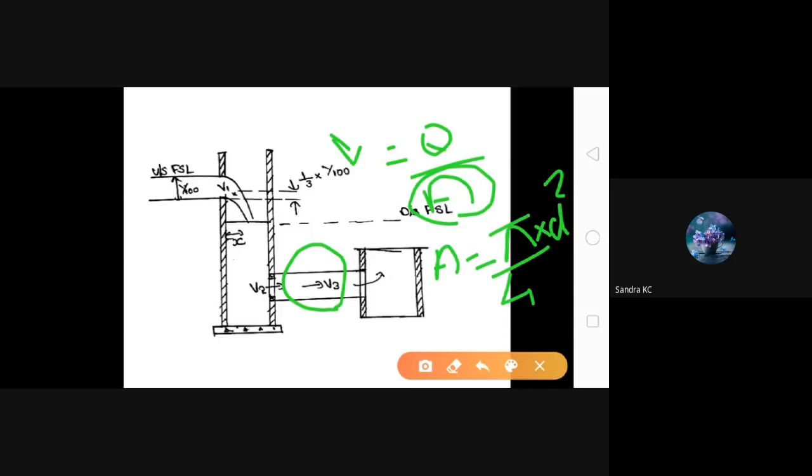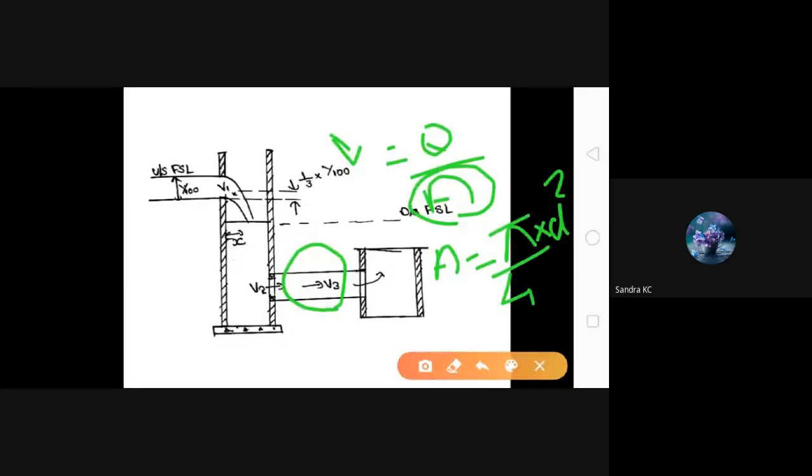Then the cross-sectional area of the pipe equals pi by 4 into d square, which is equal to pi by 4 into 1 square. What's the value of area? 0.785.